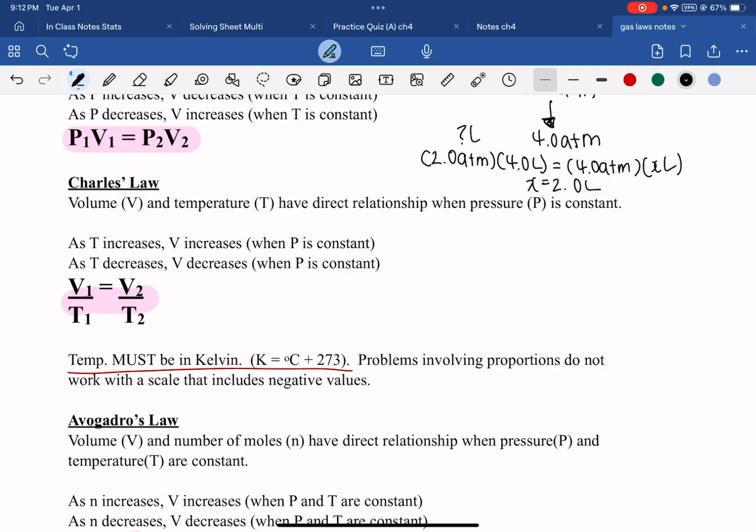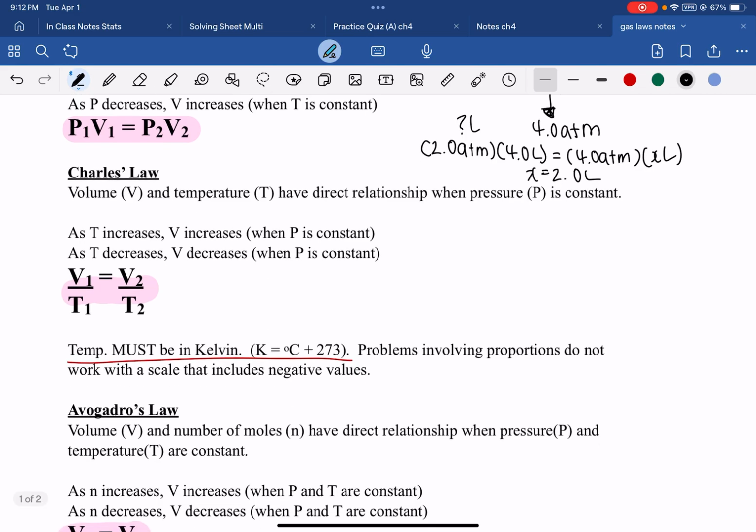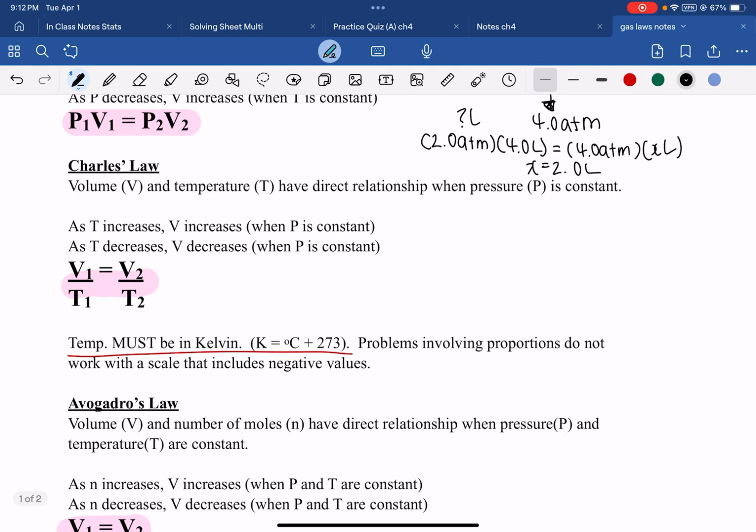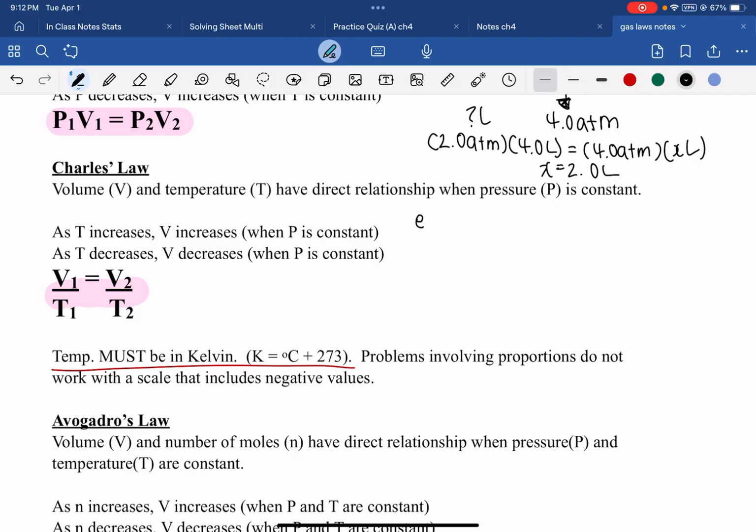Alright, the next law we'll learn is Charles' law. It talks about how at a constant pressure, the volume of gas is directly proportional to its temperature. So, for example, if there's a gas at 300 Kelvin with a volume of 5.0 liters, what would be its volume at 600 Kelvin?